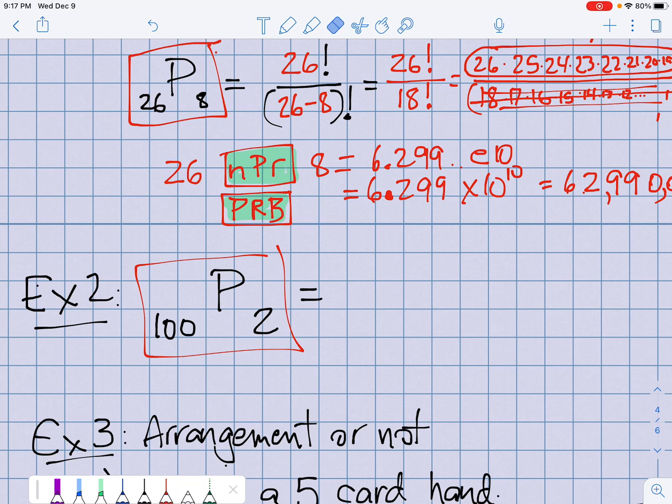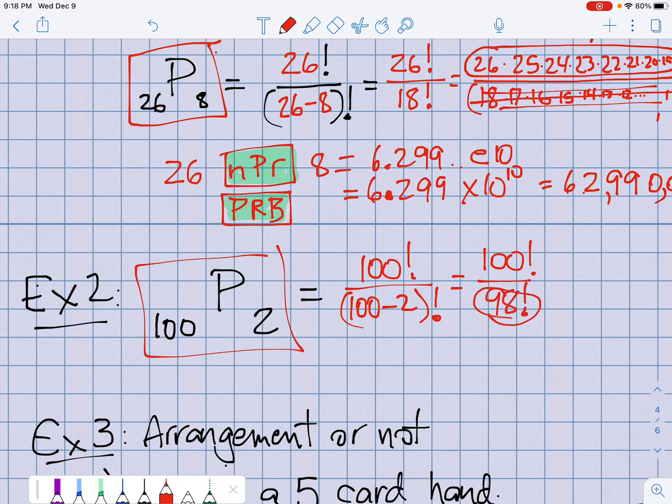And so if I write this out using the rule, 100 factorial over 100 minus 2 factorial. Most of us can do 100 minus 2 in our brain. We get 98. Yeah? And now we know that 98 is a long tail. 100 is a long tail.